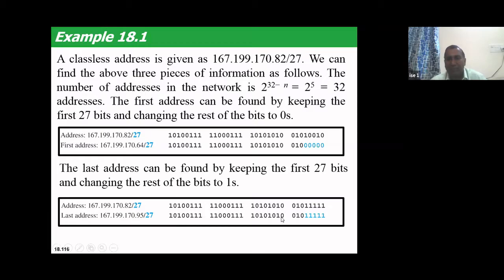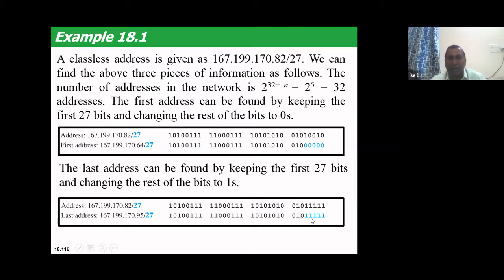The first 27 bits I do not change, because that is the prefix length. While finding the first address, I convert the last 5 bits to 0, and here I convert the last 5 bits to 1.